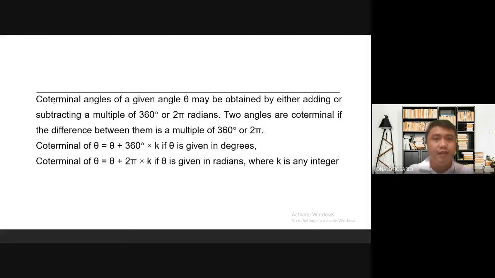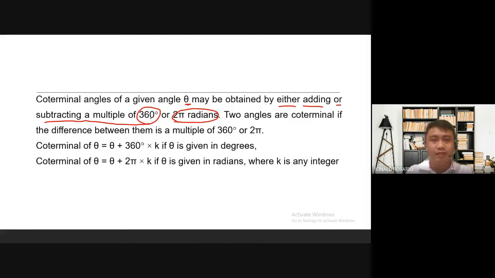Okay, coterminal angles of a given angle, theta, may be obtained by either adding or subtracting a multiple of 360 degrees pagka daw degree measure, or 2 pi radians kasi ang 360 degrees sa radian, that is equivalent to 2 pi. So ibig sabihin pala, para makakuha tayo ng mga coterminal angles, we can add a multiple of 360.